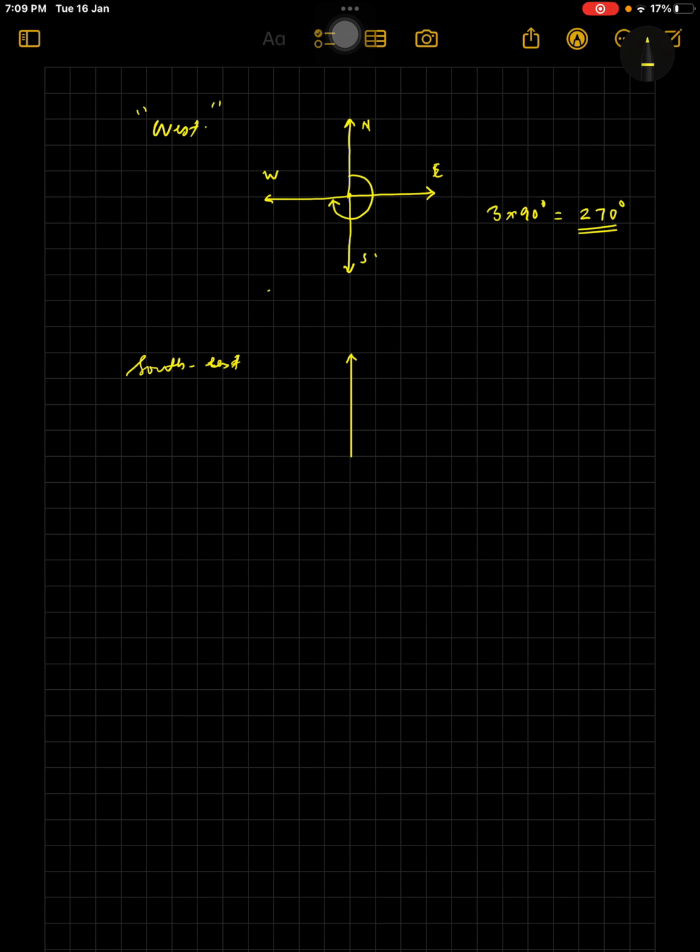So that's my north over there, and I'd like to have the southeast direction. The southeast would be midway between south and east. This is southeast.